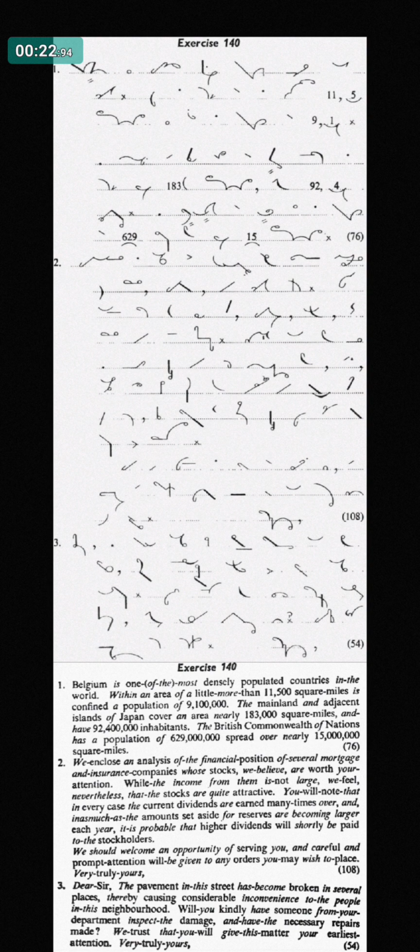The mainland and adjacent islands of Japan cover an area nearly 183,000 square miles and have 92,400,000 inhabitants. The British Commonwealth of Nations has a population of 629 million spread over nearly 15 million square miles.